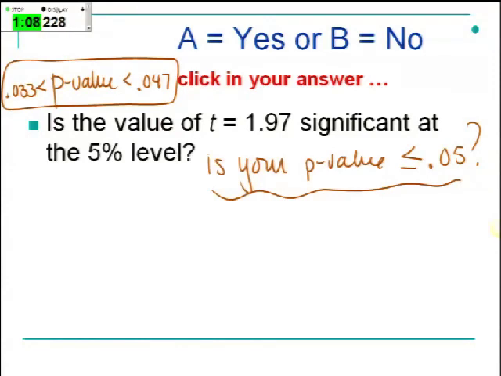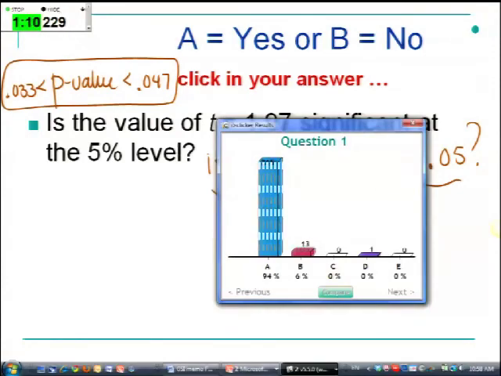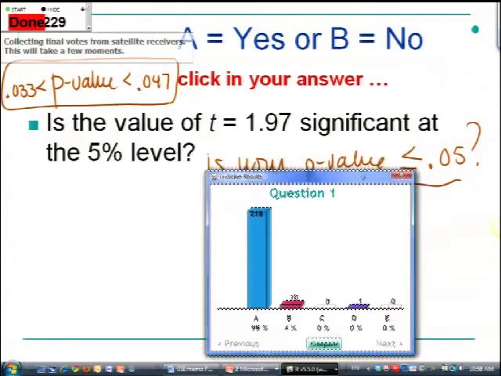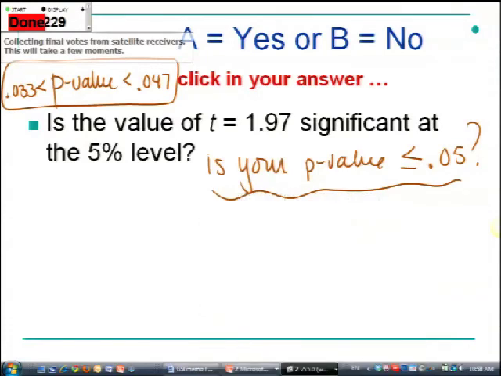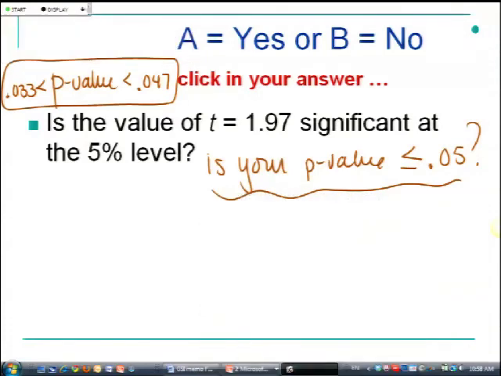And indeed, most of you are getting it correct. We are smaller than 0.05. Since we're smaller than 0.05, we can reject H naught and say we're statistically significant. I wasn't able to give you the exact p-value, but you can still make the decision.